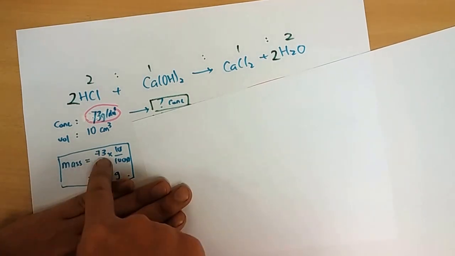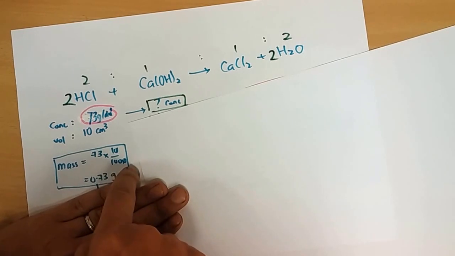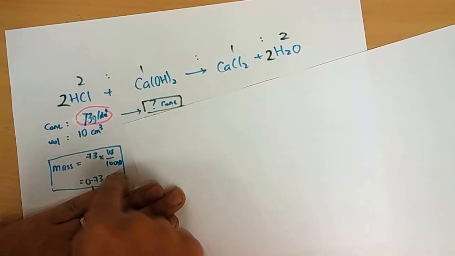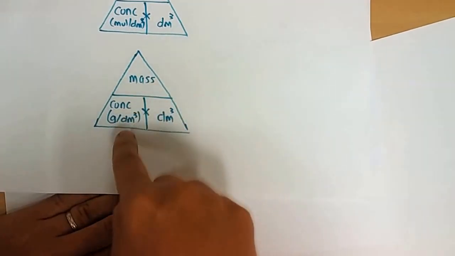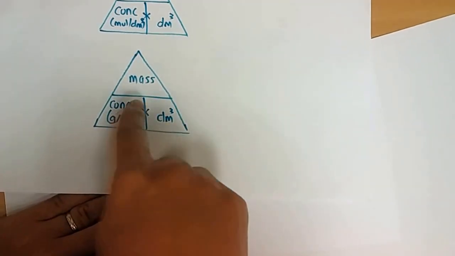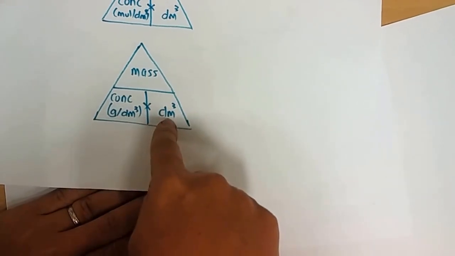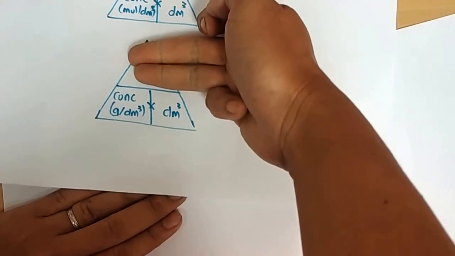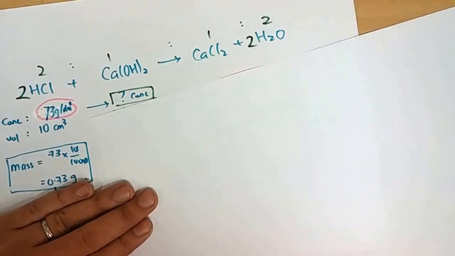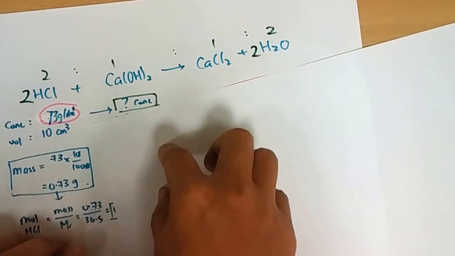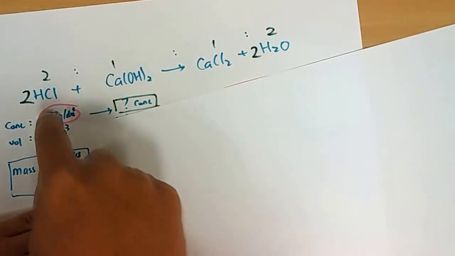The mass will be 73 times 10 divided by 1000, and 0.73 gram. How do you get the mass? Use your triangle. You are given this concentration, you have this volume, so concentration times volume will give you the mass. So that is what I got here. From here, I got the mass of HCl.